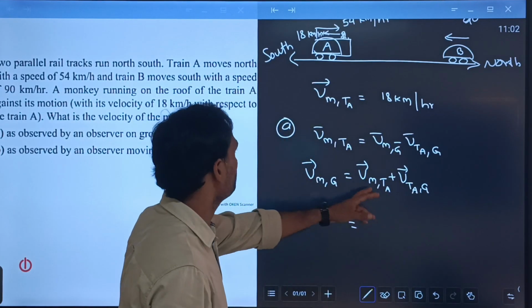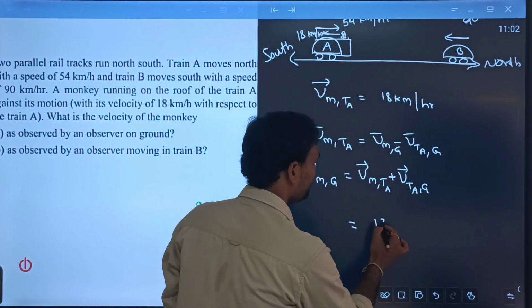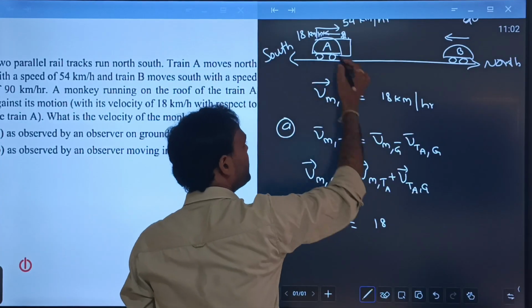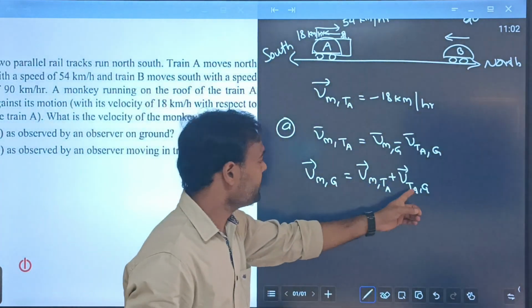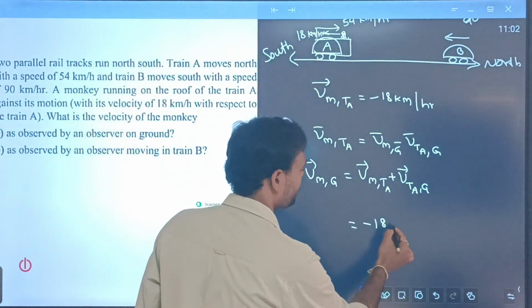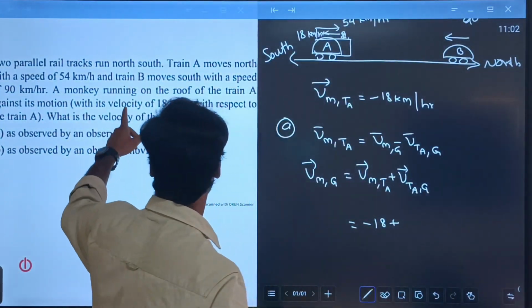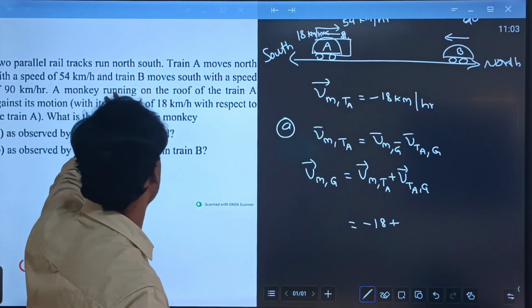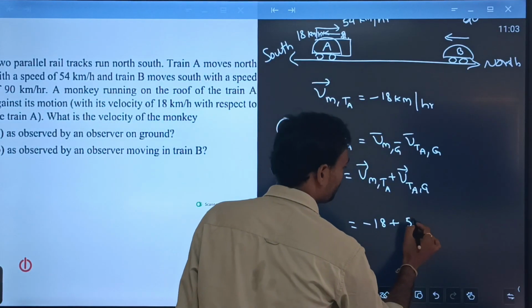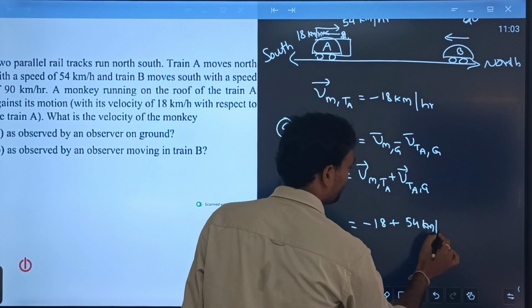It is 80, but it is moving in the leftward direction, so negative. And the velocity of train A with respect to ground is 54 kilometers per hour.